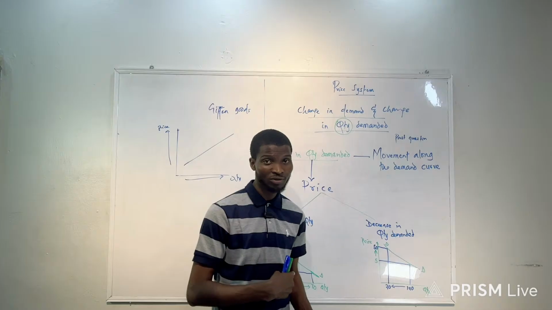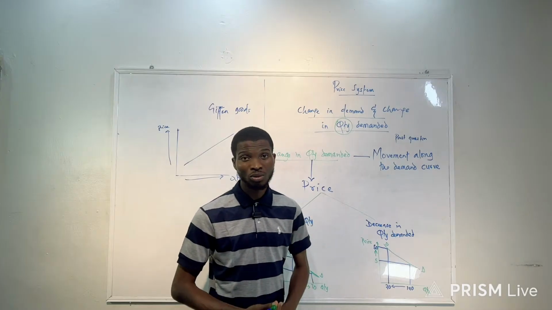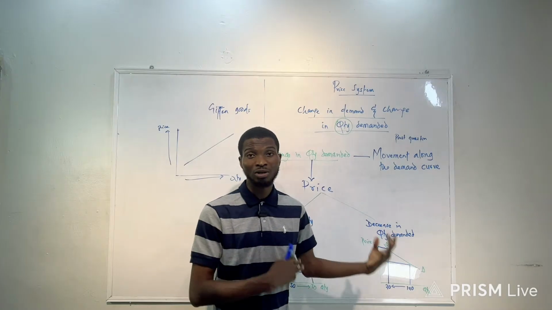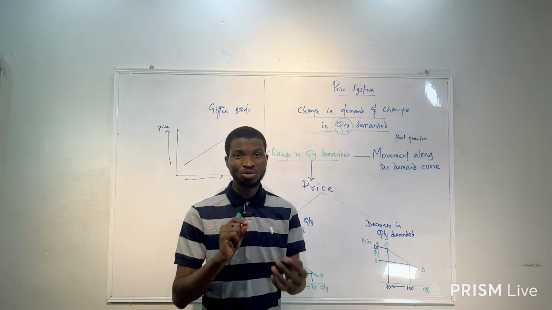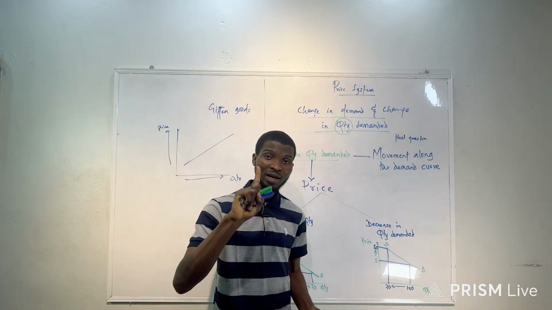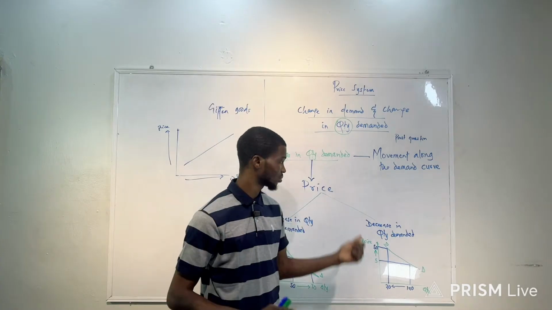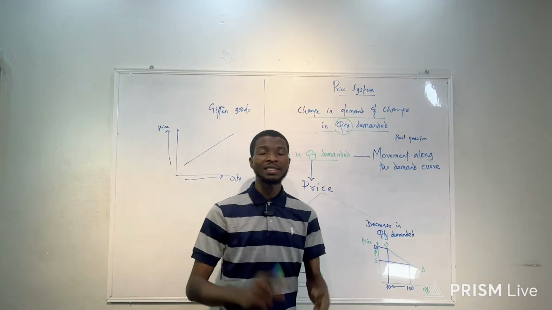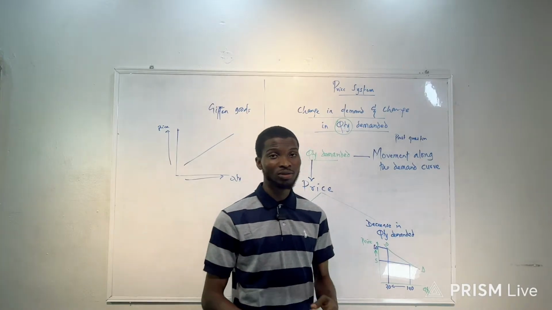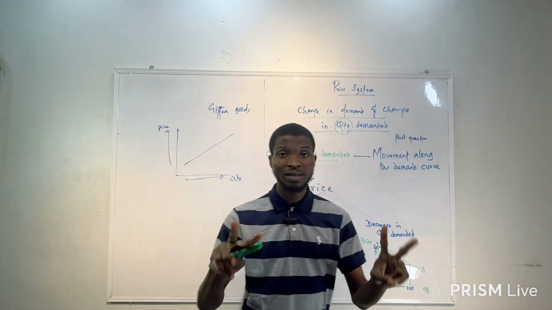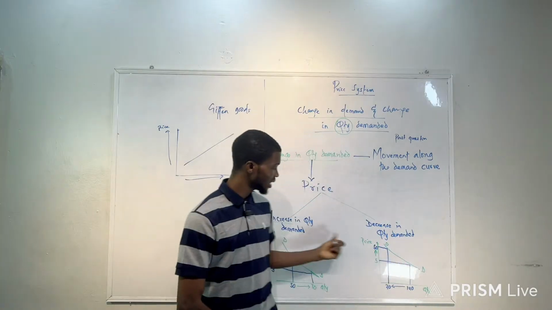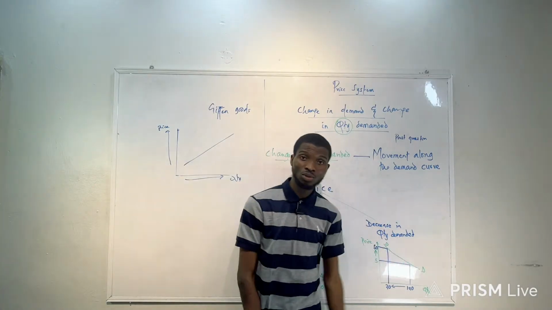A quick summary of what I've done is that change in quantity demanded can also be called movement along the demand curve and is solely affected by just one factor affecting demand. And what is that factor called? The price. Now, if it is being affected by price, there are basically just two types of change in quantity demanded: increase in quantity demanded, decrease in quantity demanded.